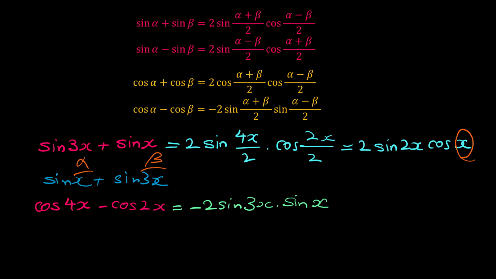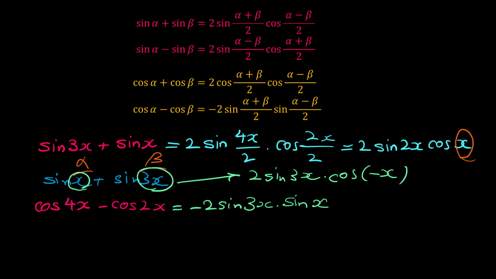If the question was in the form of sine of x plus sine of 3x, then the answer is the same, but the only difference is that instead of 2 sine of 3x cosine of x, we have cosine of negative x, because alpha minus beta is x minus 3x, divided by 2 would be negative x. But remember, we have an identity, a relation for cosine. Cosine is an even function.